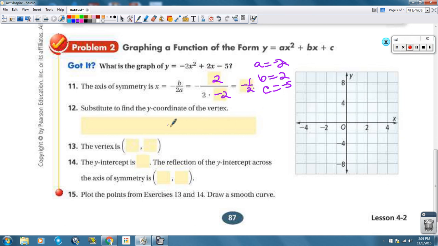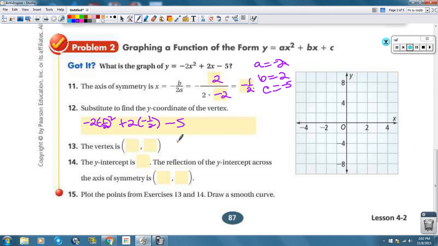Okay, so we're going to plug that number back into the equation to find y. So you're going to have negative 2 times negative 1/2 squared plus 2 times negative 1/2 minus 5. This is where I would just pull out my calculator and just do the work. I would not be working super hard, so I'm trusting that you can do that.